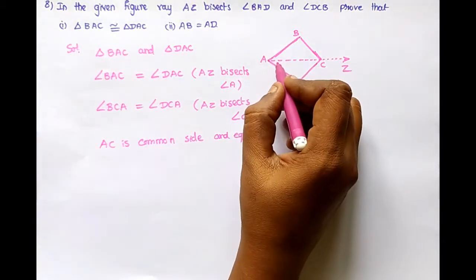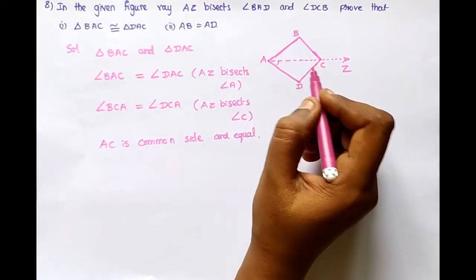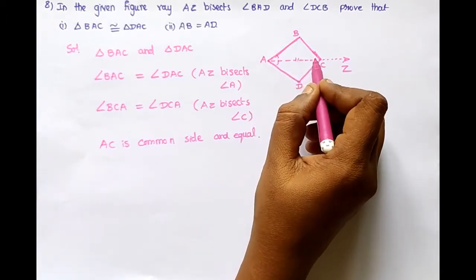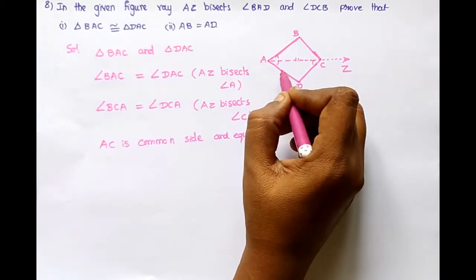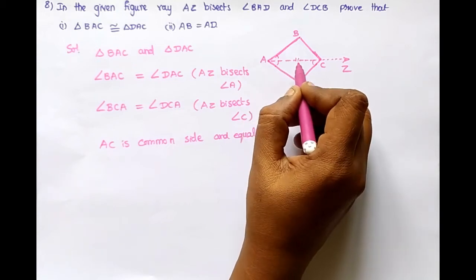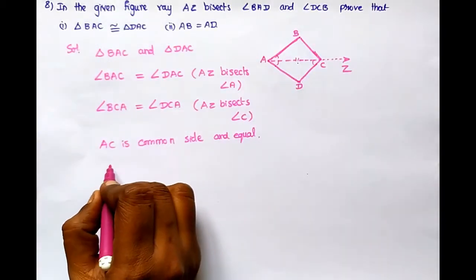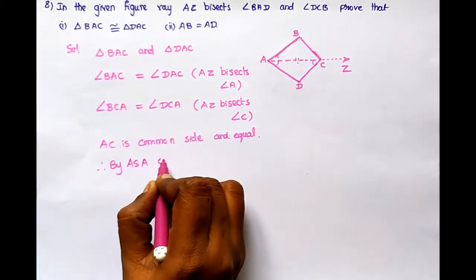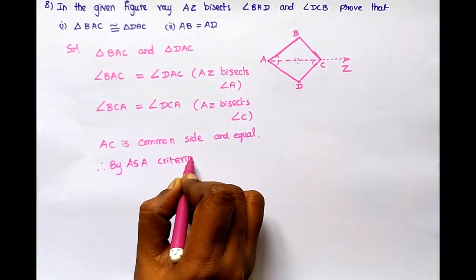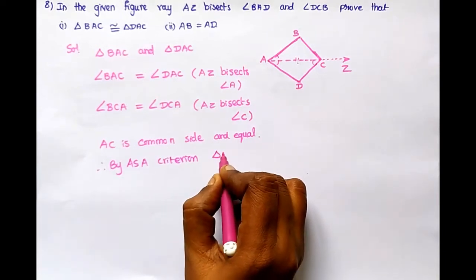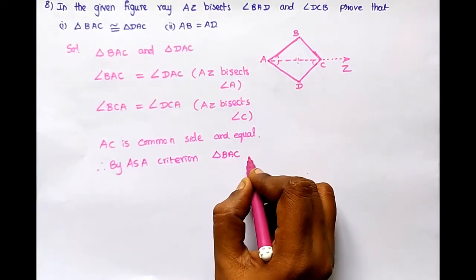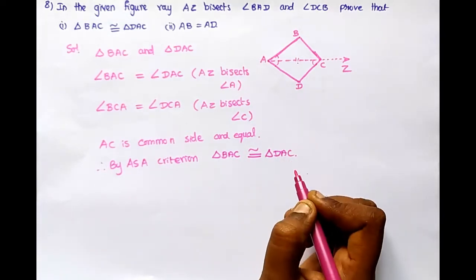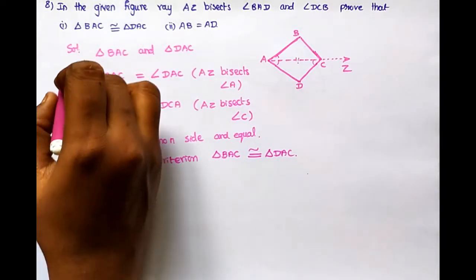Here angle equal, side equal, again angle equal. So angle side angle. So by ASA criterion, triangle BAC is congruent to triangle DAC. That is the first one.